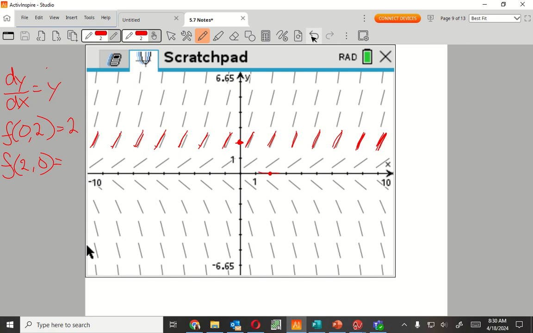So what do you think that would look like? If I didn't have a y and I had an x, it'd be just 0 for the first one. Would it look the same as this? No.